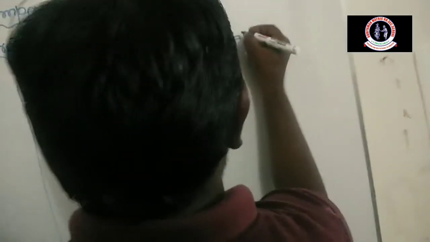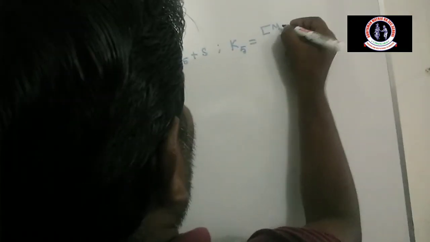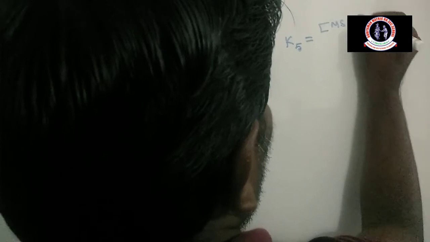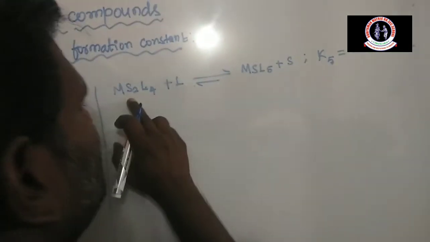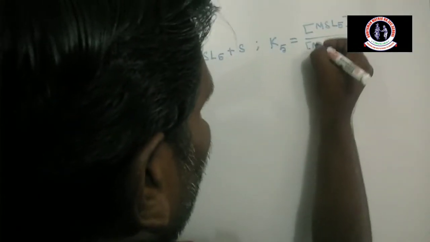K5 is equal to the concentration of MSL5 divided by the concentration of MS2L4 into the concentration of L.